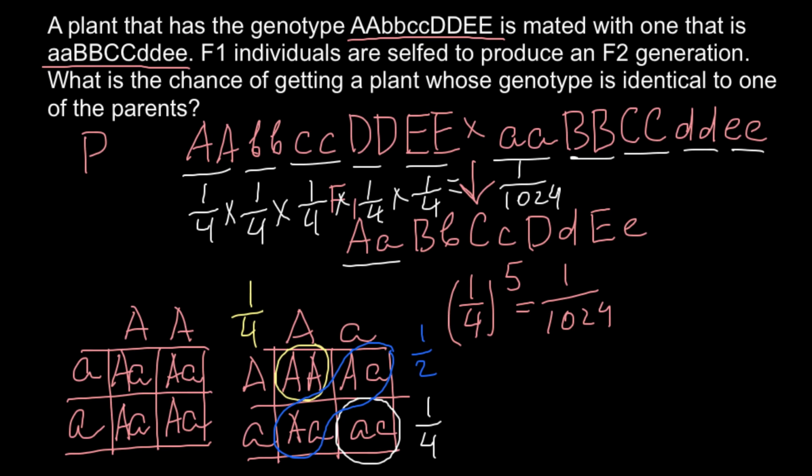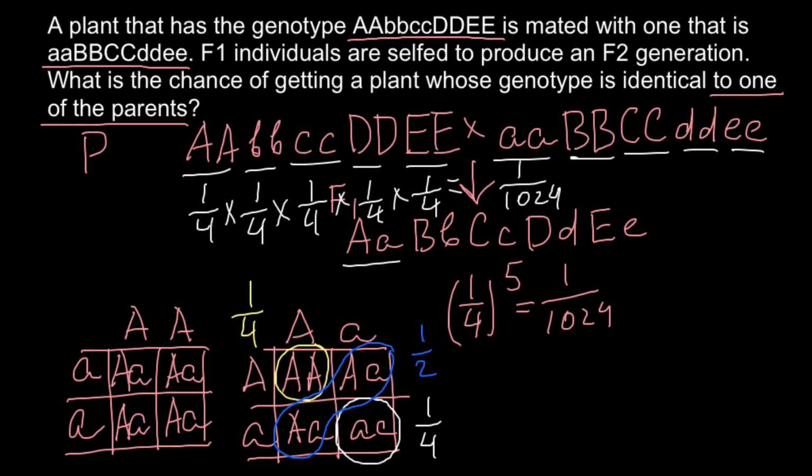And as you see, we have two parents. So the question is, what is the chance of getting a plant whose genotype is identical to one of the parents? So it can be parent 1 or parent 2. So we have to add these two probabilities, and in the example before we used the product rule, and this time we have to use the sum rule.